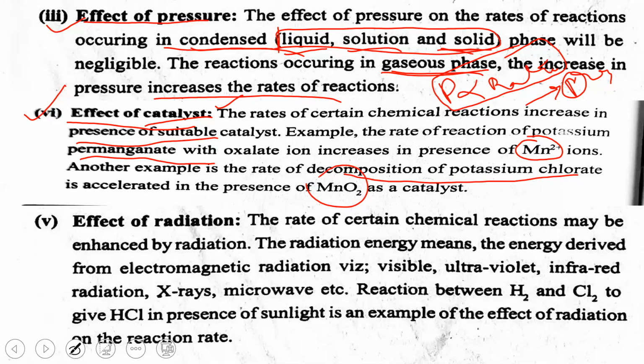So finally, you can say that a catalyst also affects the rate of the reaction. It can increase the rate of the reaction and decrease the rate of the reaction. So that is the effect of catalyst.